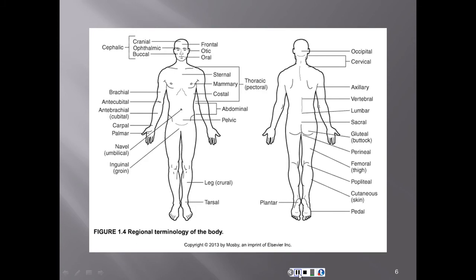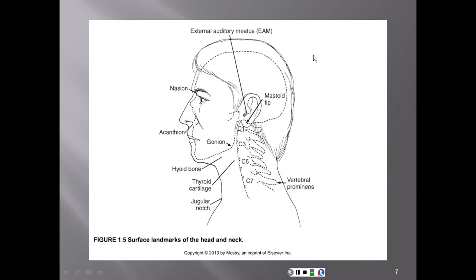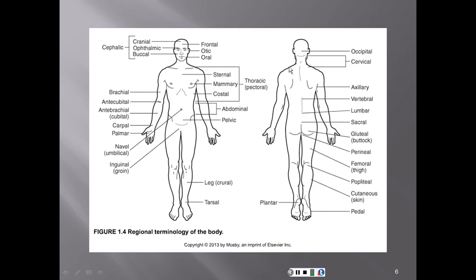This is a diagram of the anatomic regions. You need to be familiar with the anatomic regions. Look at table 1.1. This image can be found on page 5. The regions include cephalic, thoracic, abdominal, pelvic, navel or umbilical, inguinal, and posterior, you have the occipital region and the cervical region, named for the bones in the neck.